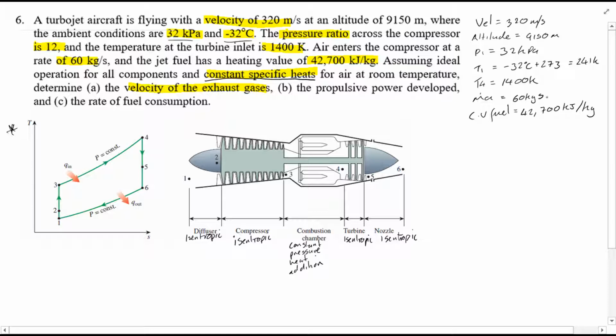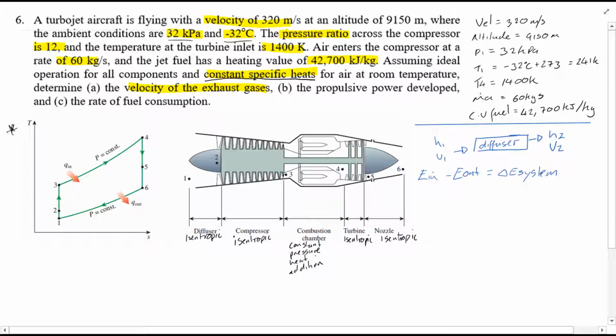Ideally, air will leave the diffuser at negligible velocity. V2 is equal to 0. So we need to understand how to apply this steady flow equation to the diffuser. Okay, so E in minus E out is typically equal to the change in energy in the system.